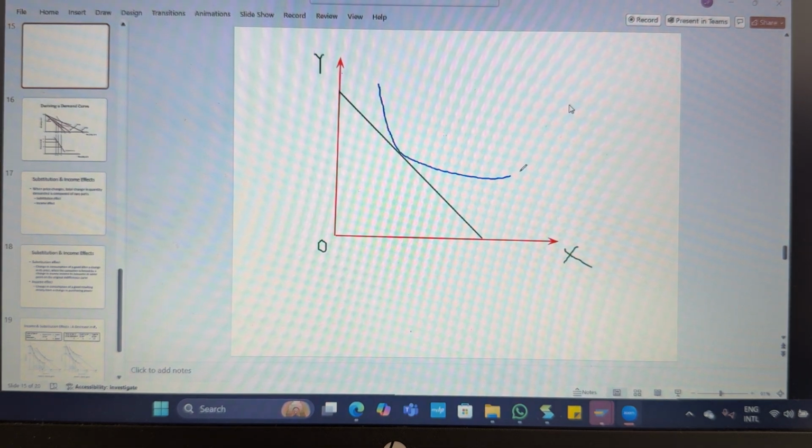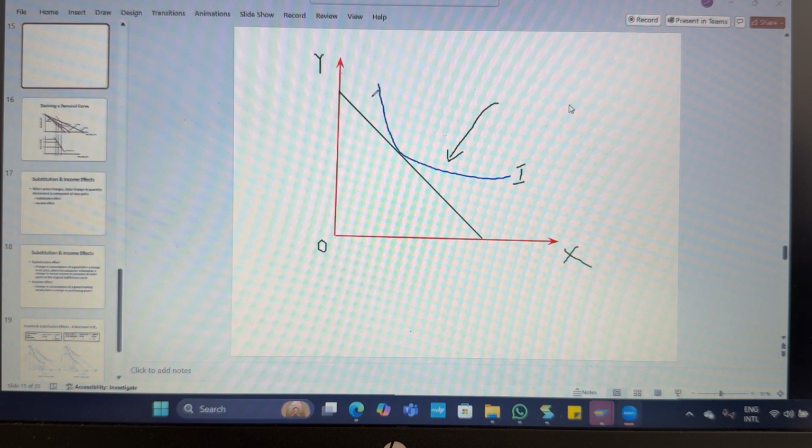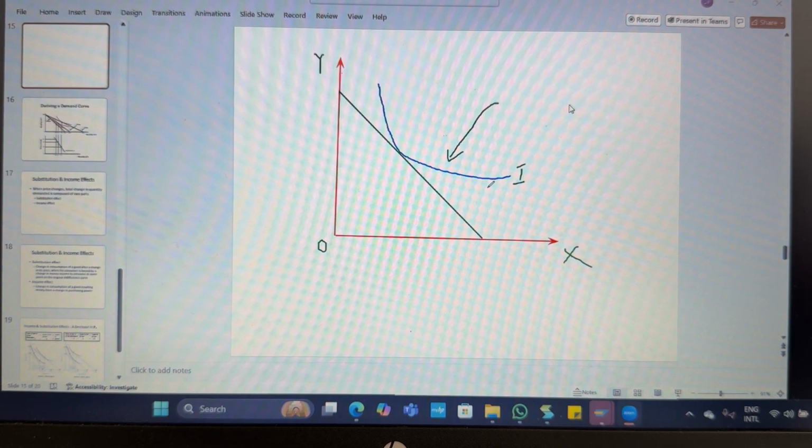Okay. So, what is this curve? The blue colored one. Indifference curve. Okay. So now you have to tell me something about the indifference curve.